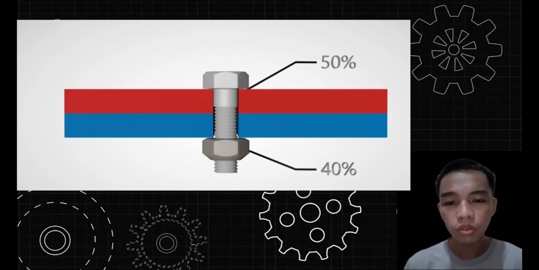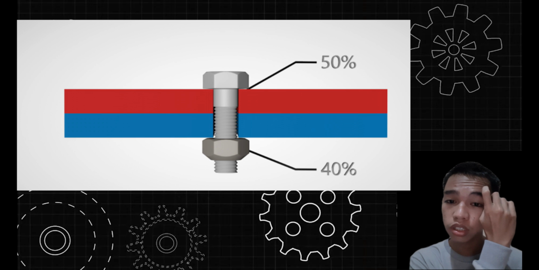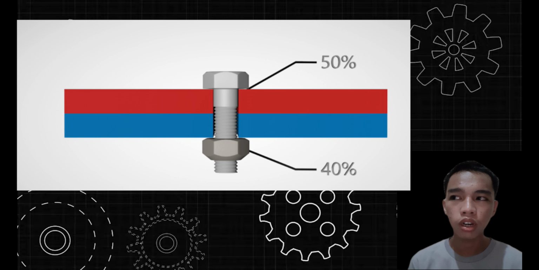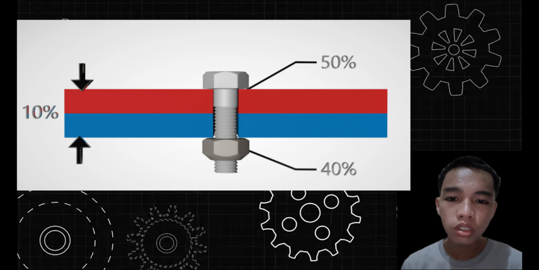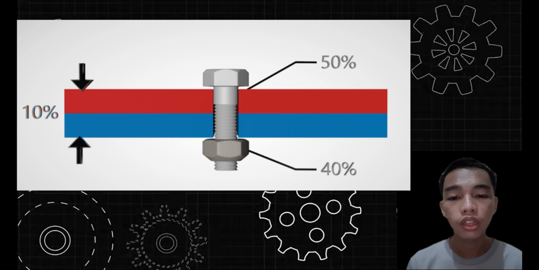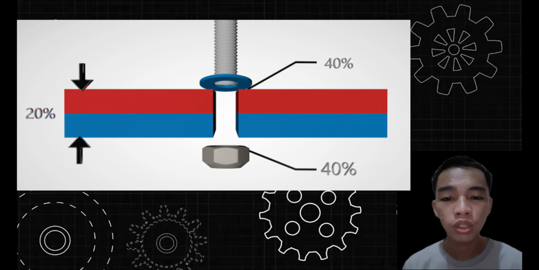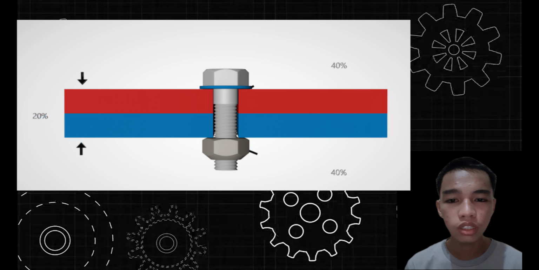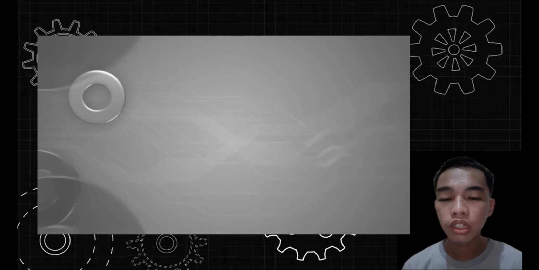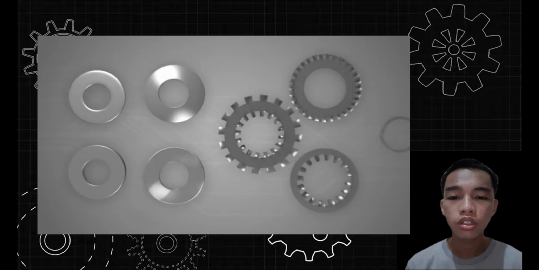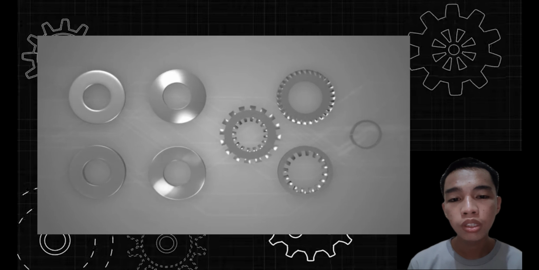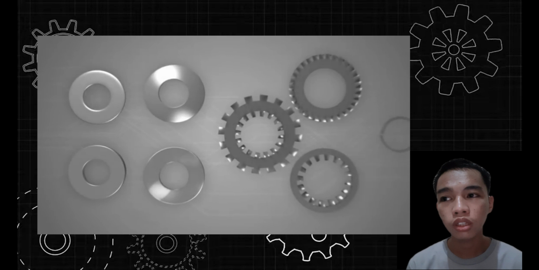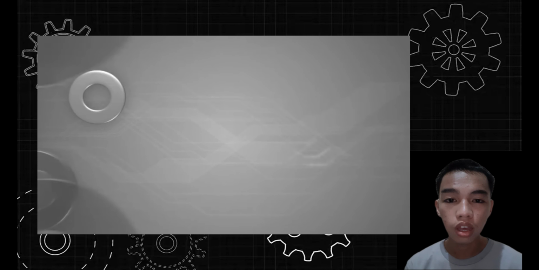The function of the washer is that it usually serves either to keep the screw from loosening or to spread or distribute the loads, the pressure when tightened in between the two joining surfaces, as a spacer or a seal. There are a number of different kinds and types of washers, but for today's video, I'll be only tackling two of the most common washers, which are the flat or plain washer and the lock washer.